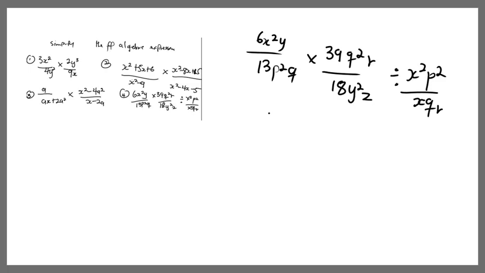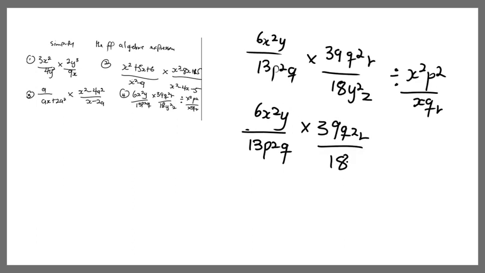So here we can rewrite this as 6x squared y on 13p squared q times 39q squared r over 18y squared z. I've intentionally taken my time to speak very slowly so that you can understand. Divided, so here reciprocation, so times the denominator will now be our numerator, xr over x squared p squared.